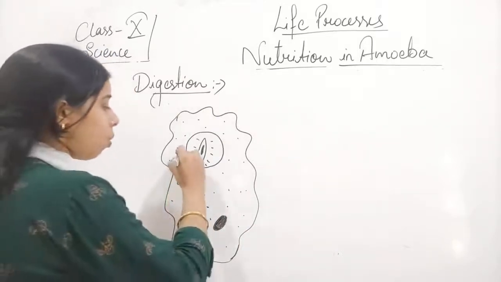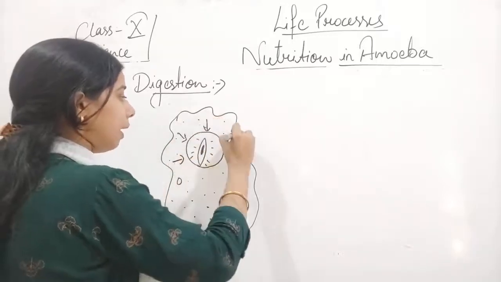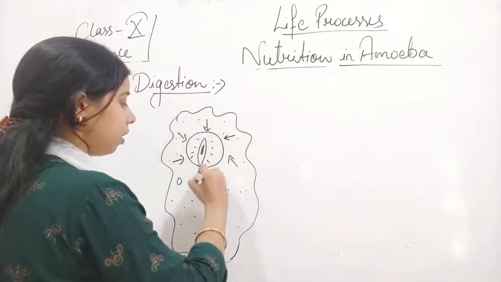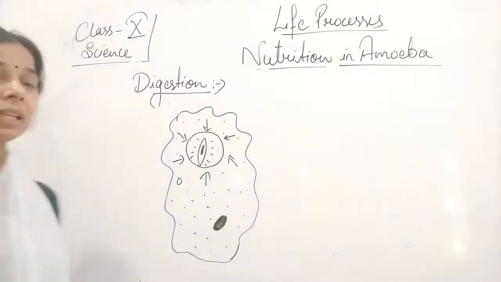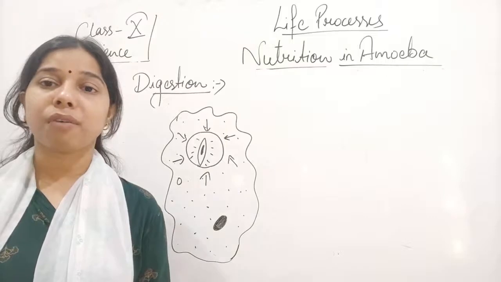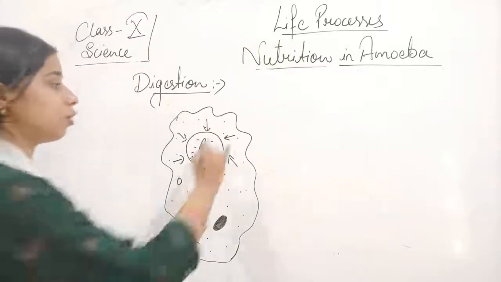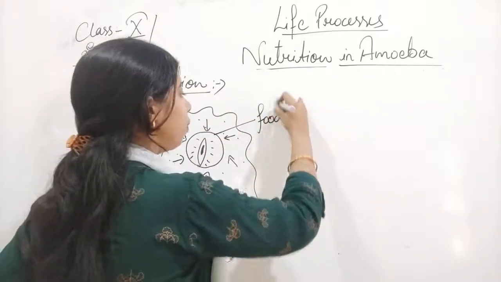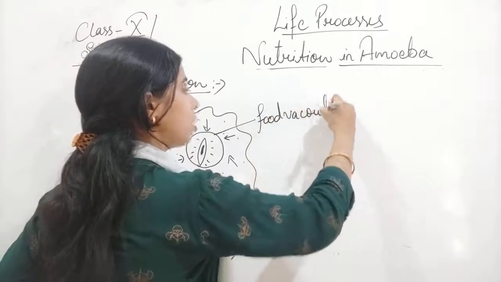Now all the digestive juices are entering into it in order to break it into the soluble form. So this happens in case of digestion. This is the food vacuole, students.